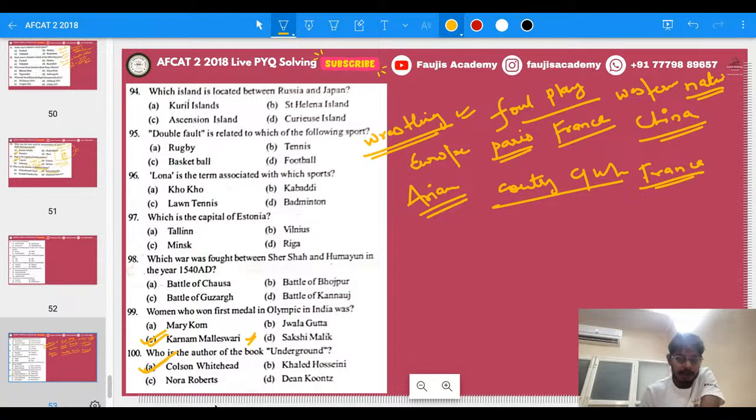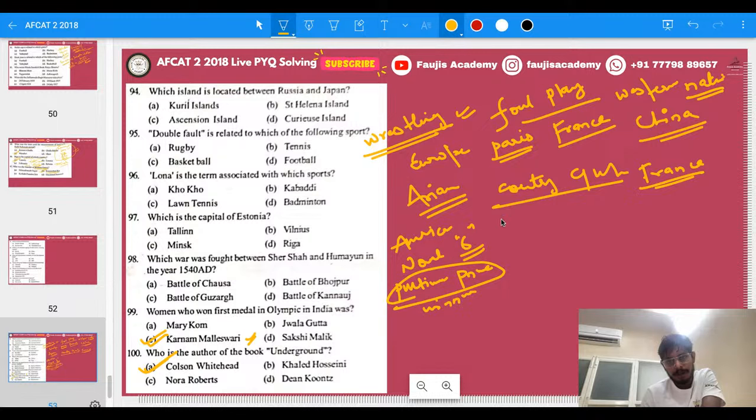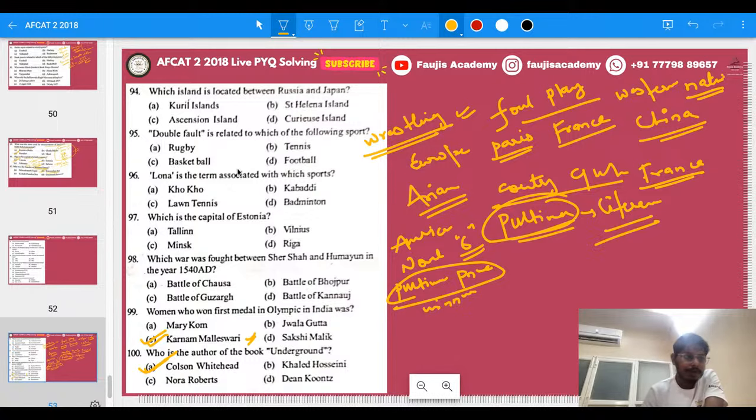Colson Whitehead is an American novelist who has written six novels, and he is also a Pulitzer Prize winner. If I ask which field the Pulitzer Prize is related to, you write the answer as literature.